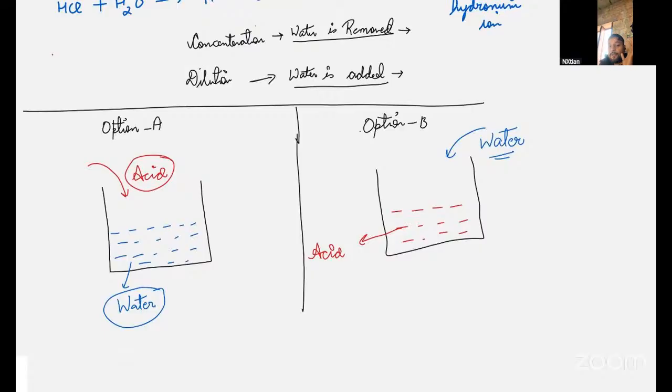We have to do dilution, means adding of water. So the first option is adding acid into water, or the second option is adding water into acid. Which one is easy? Ira, what will you say? A or B? A, sir. Agatha, what are you saying?